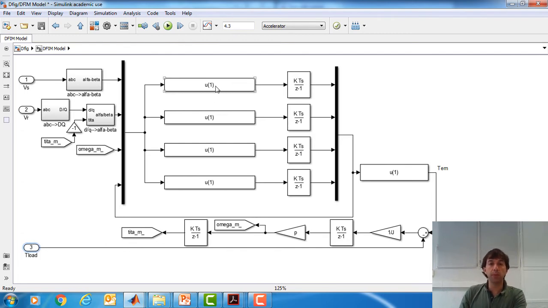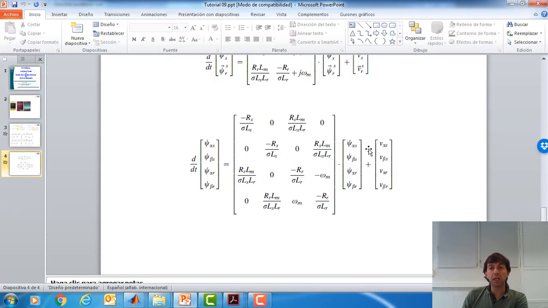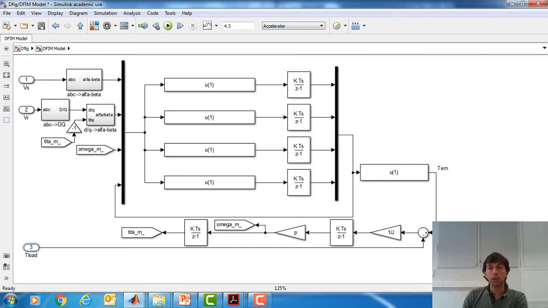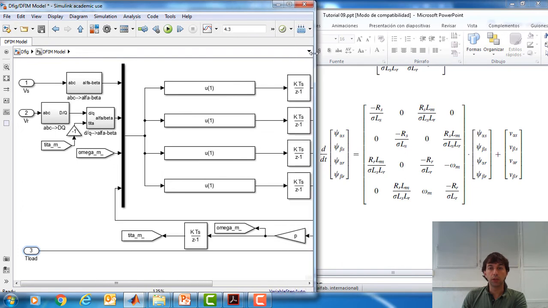Okay, so now we need to implement these 4 equations for the fluxes and this torque equation. So we will need to keep in mind this element. Let's do this smaller. So first we need to obtain the first derivative of the stator alpha component flux. So we need to implement this equation, this first row multiplied by this vector plus this element.